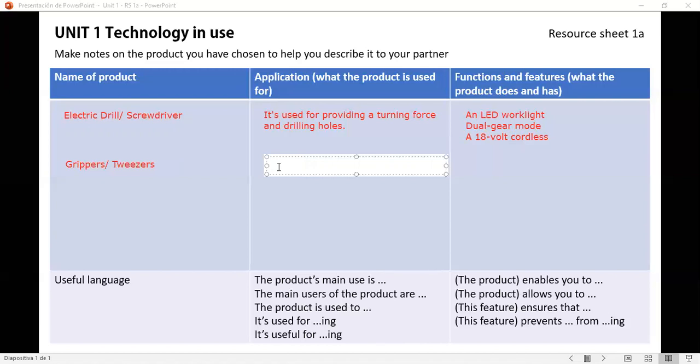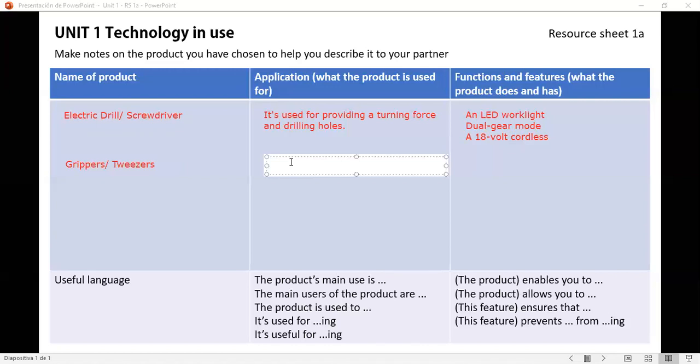I can fasten or fix some components or electric devices, like I don't know, a roof fan, or refrigerators, that kind of electric devices.